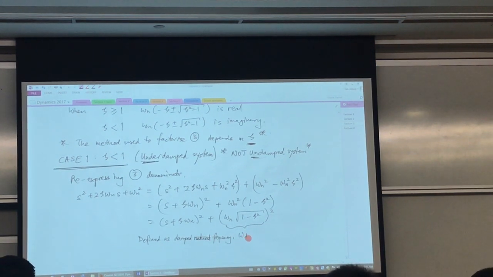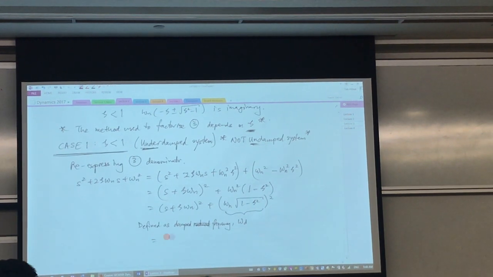Omega d is equal to omega n square root 1 minus zeta squared, that formula. So that can be simplified now as s plus zeta omega n squared plus omega d squared. Right?